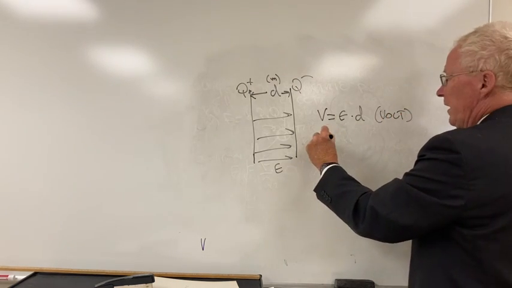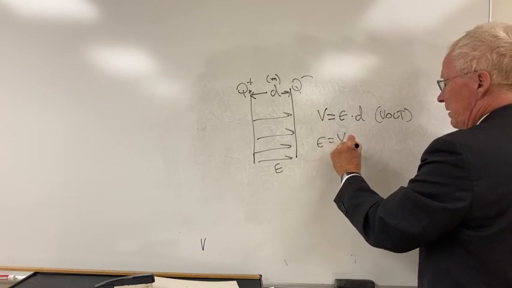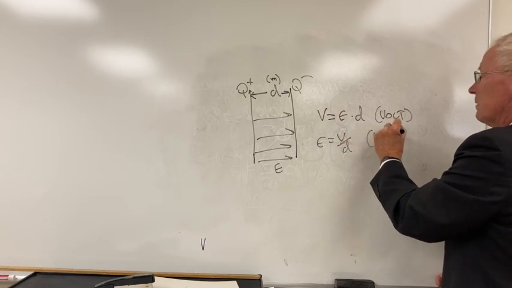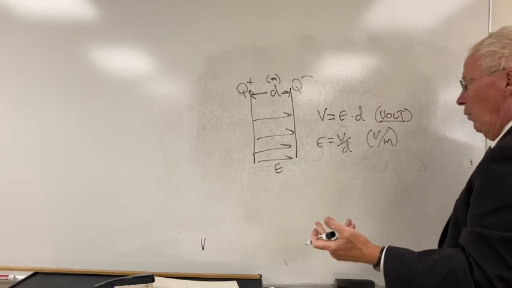And therefore E is V over D. So electric field is volts per meter. So we introduce the unit of volt.